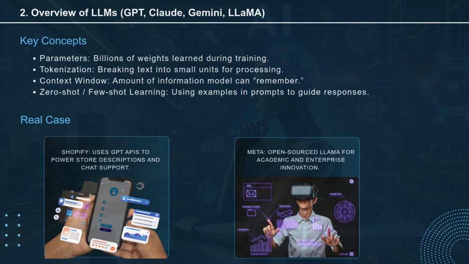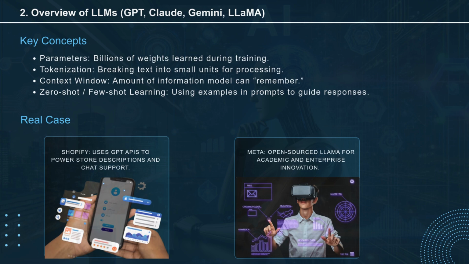This slide explains key concepts behind how LLMs work. Parameters: billions of learned weights that help the model understand patterns. Tokenization: text is broken into small units so the model can process it efficiently. Context window: the amount of information the model can keep in mind during a conversation.